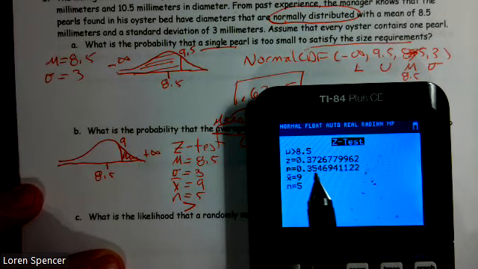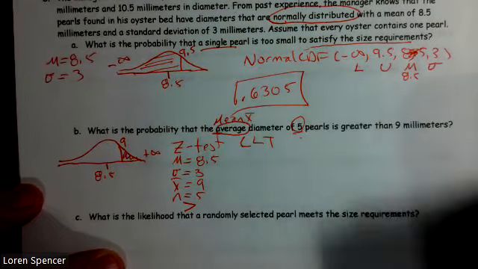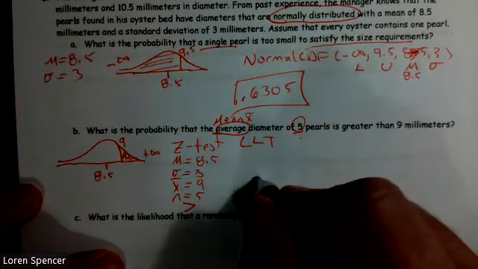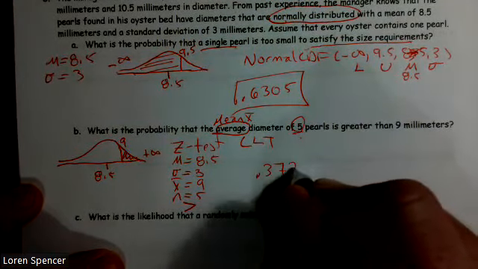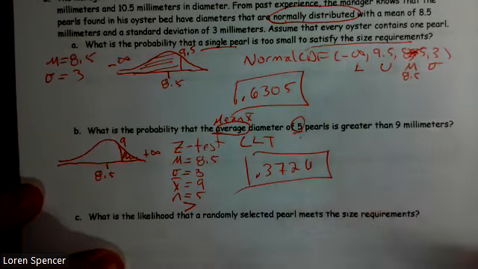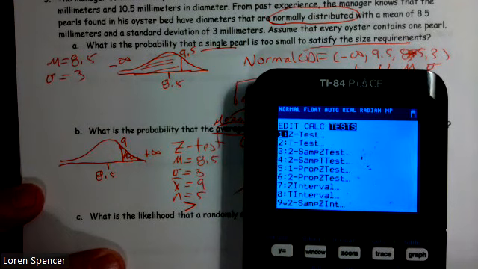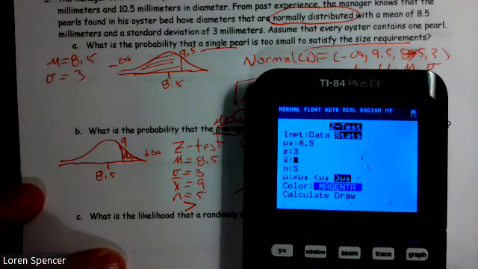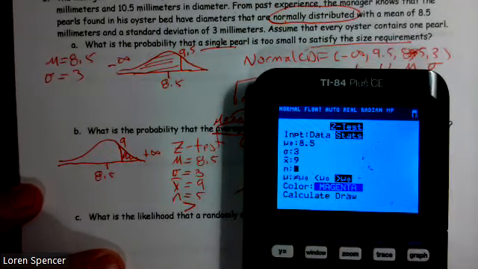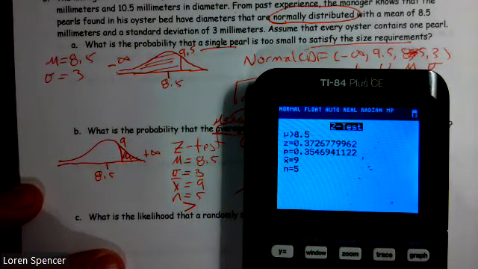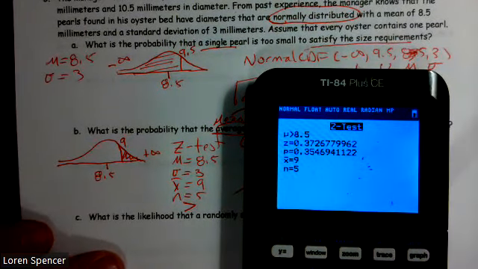When we do that, we find out that there's a 37% chance. 0.3726. I want to check that one more time just to make sure. That seems high to me. Stat test, z-test. Everything looks good. All right, so about a 37% chance.